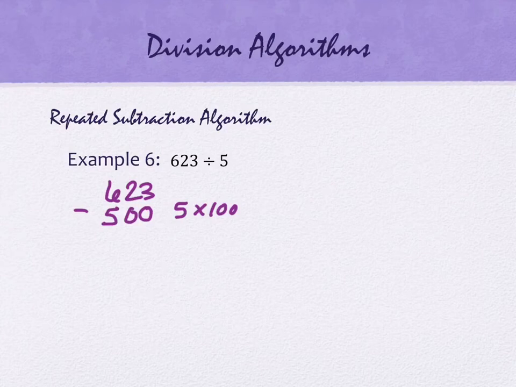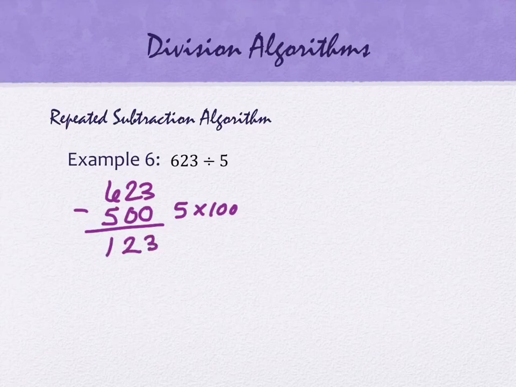So 5 times 10, 5 times 100, 5 times 1,000, 5 times 10,000. It'll always be 5 times the power of 10. And I'm able to subtract the 500 here. And so again, if I were like dividing by 28, I'd be able to subtract 280 or 2,800 or whatever, right, pretty quickly. Because I just multiplied by 10, or I multiplied by 100, or I multiplied by 1,000.